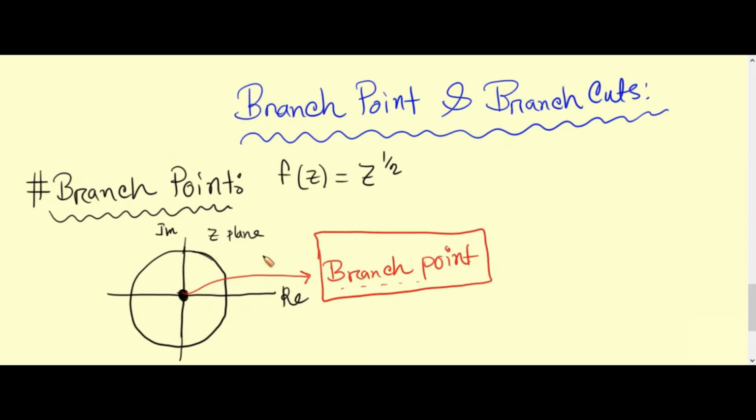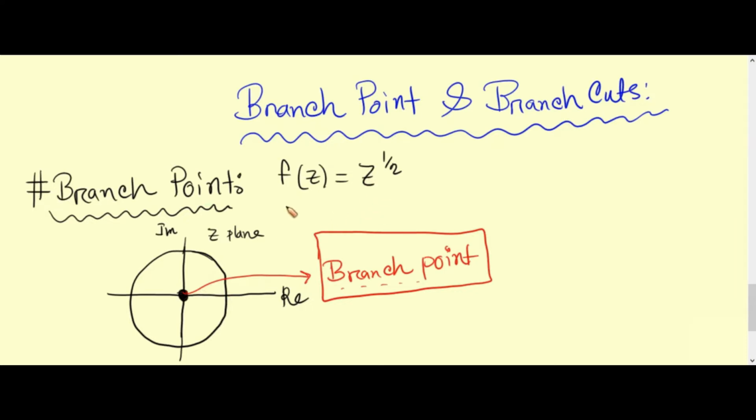But now, since multi-valued functions present ambiguity and they don't preserve analyticity, what we want to do is make it an analytic function. That is similar to making it a single valued function.